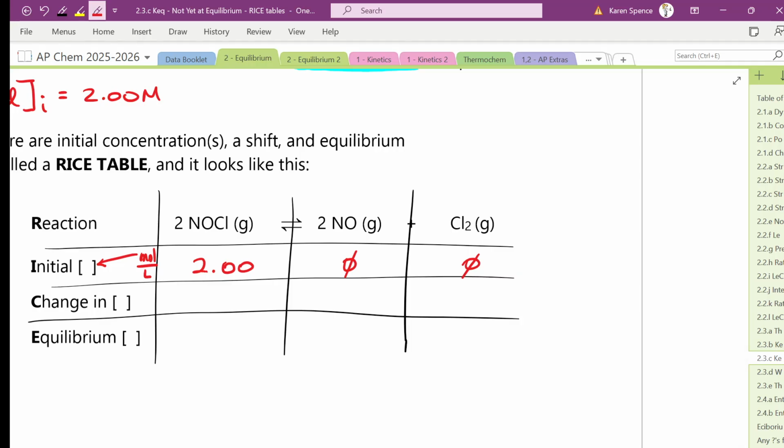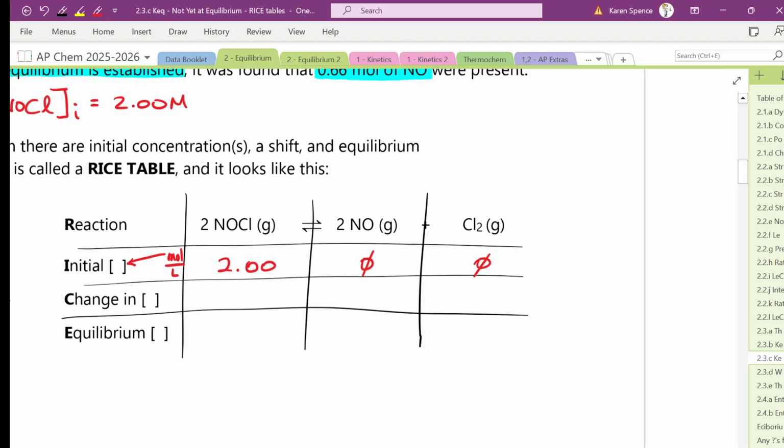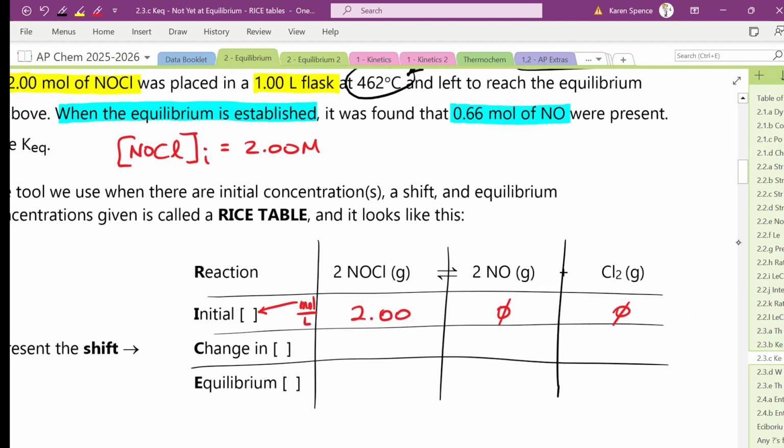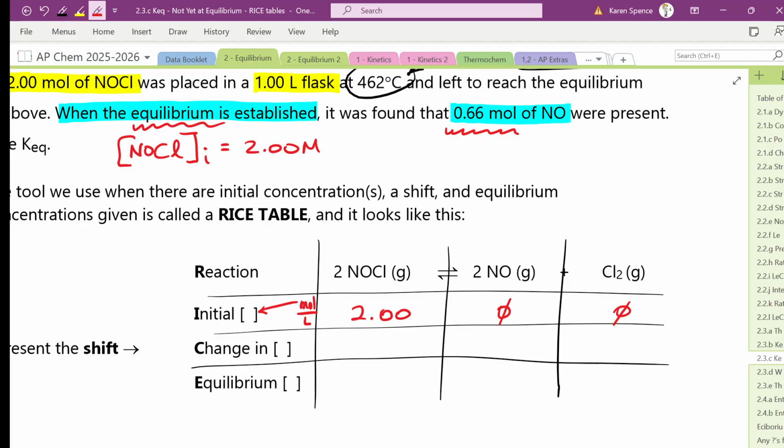Do we know any other pieces of information? Well, we're told when equilibrium is established, we have 0.66 moles of NO. So that's 0.66 moles in what volume? Still 1 liter. So that's going to be 0.66.